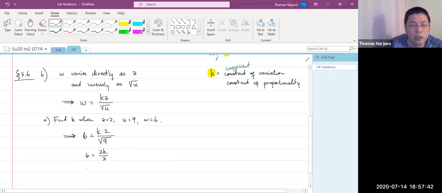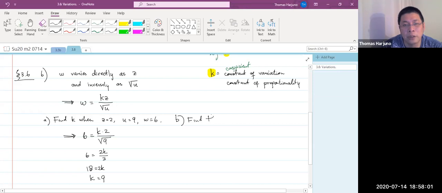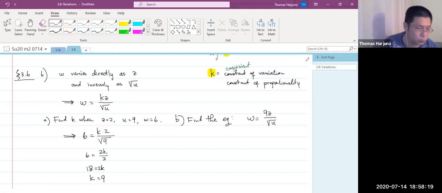Okay, so 18 equals 2K, K equals 9. So what is the formula? Find the equation. The equation now becomes W equals 9C over square root of U. That's the equation relating W, C, and square root of U.